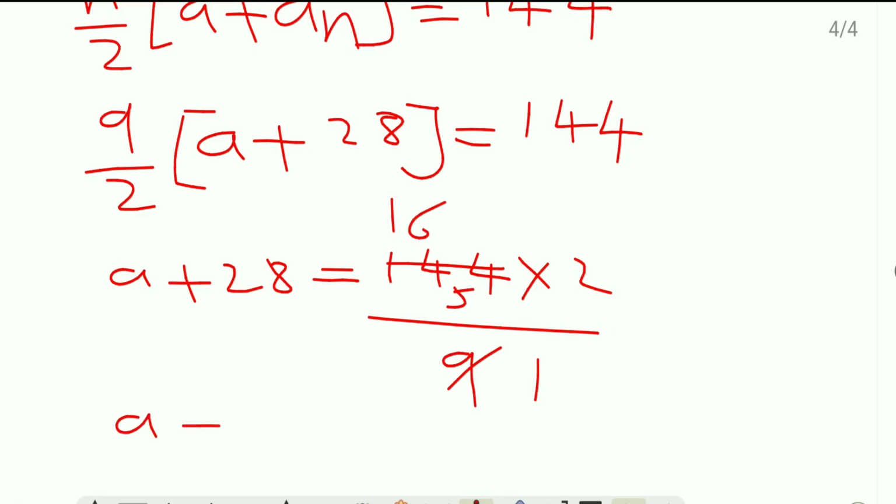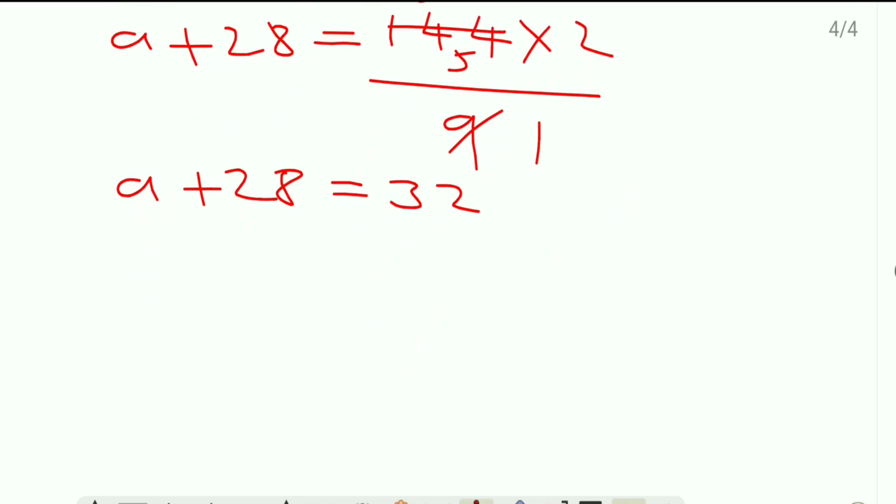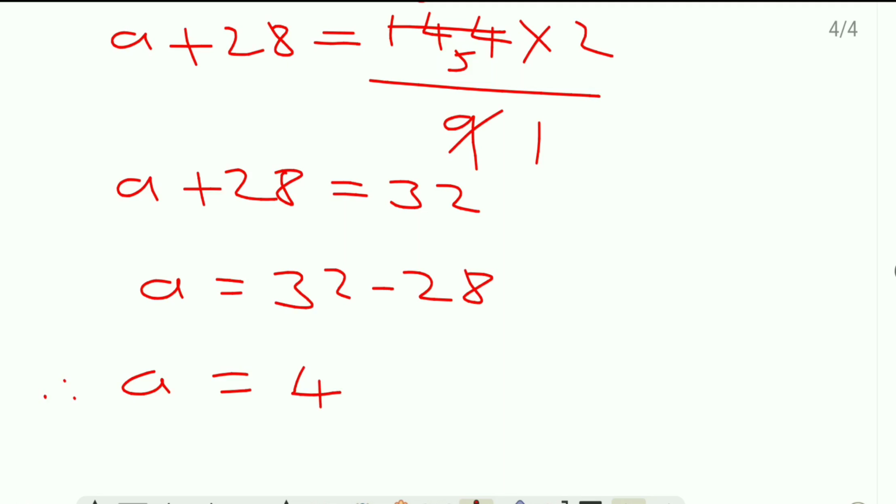So here a plus 28, which is equal to 16 twos are 32. So 28 will go that side. So a, which is equal to 32 minus 28, the value of a comes as 4. Correct? And they asked us only to find out the first term. So we have done it. I hope all of you have understood all 3 sums. Thank you.